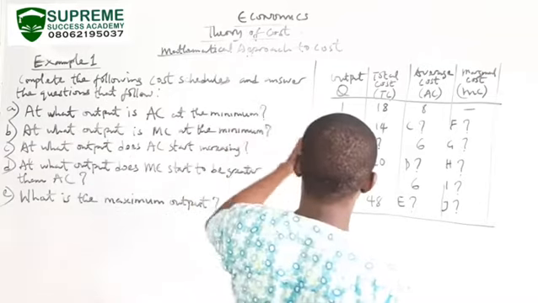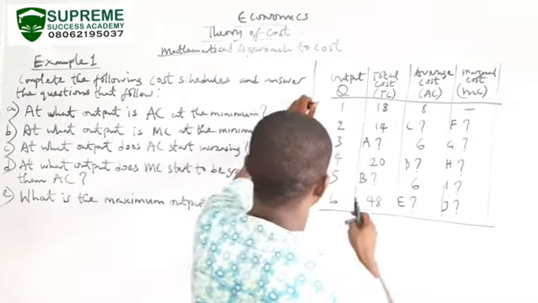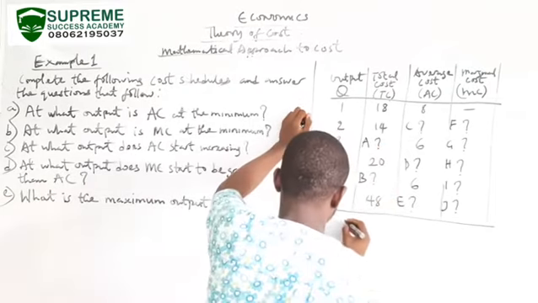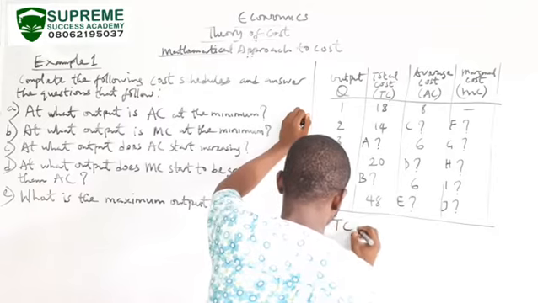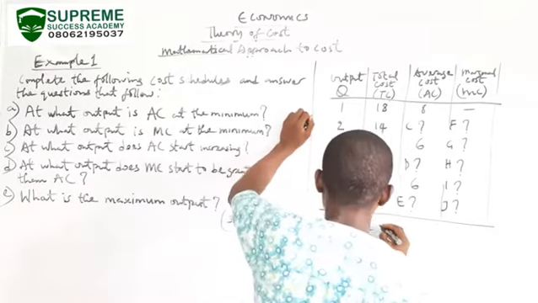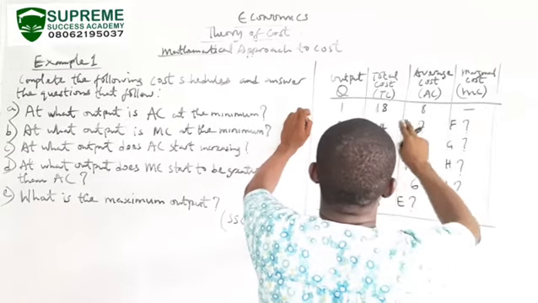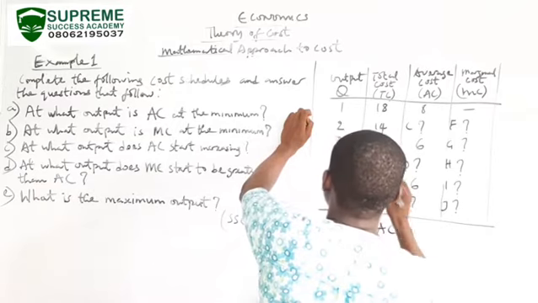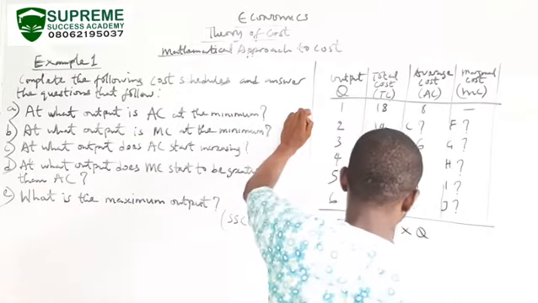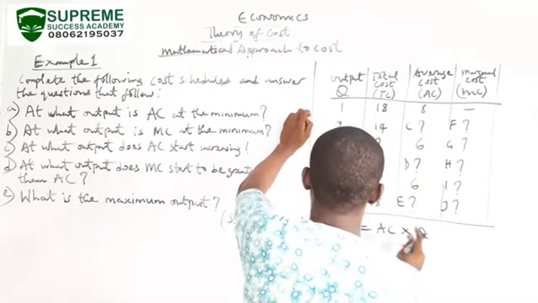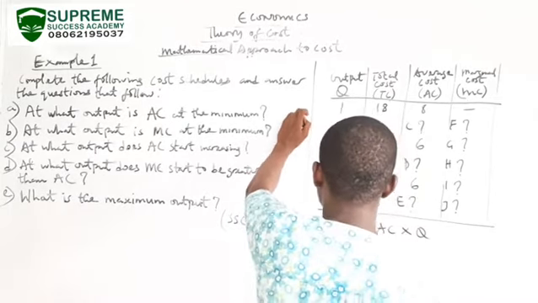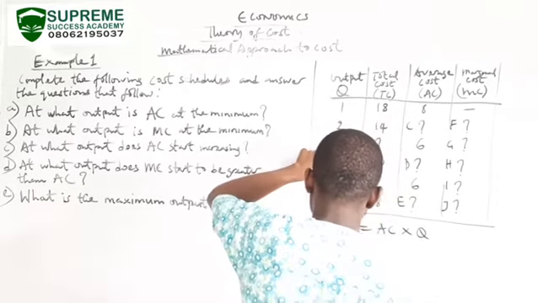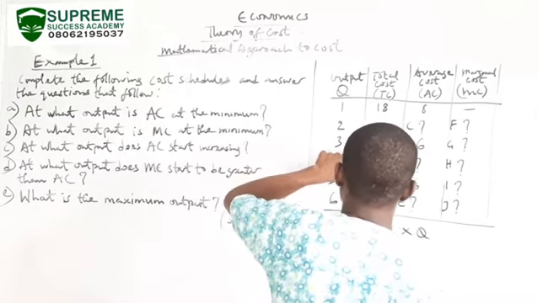So the first one I'm going to treat here is the total cost for output 3. Remember the formula for total cost: in this particular situation, we are going to make use of average cost multiplied by output, which is Q. So since we are dealing with total cost of output 3, TC will now be equal to, what is the average cost?